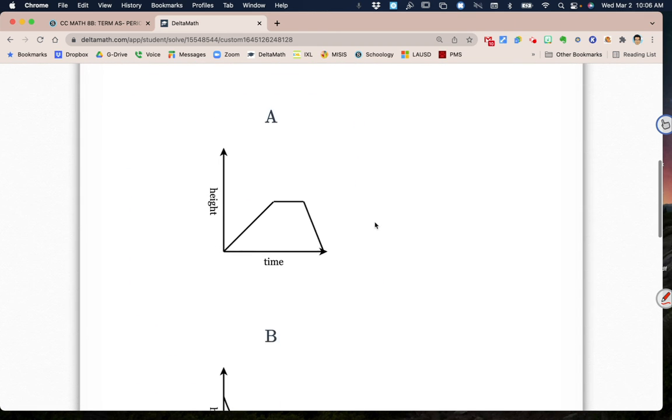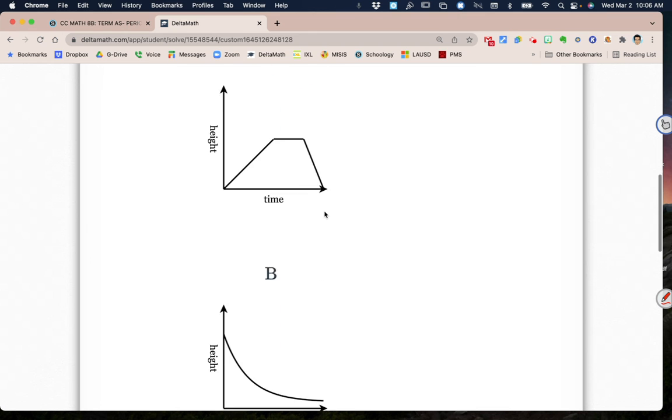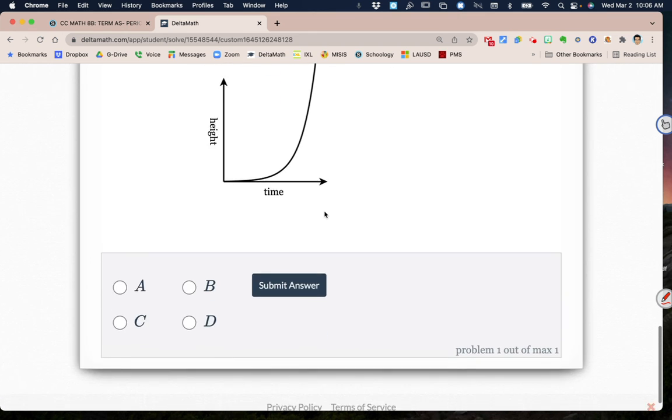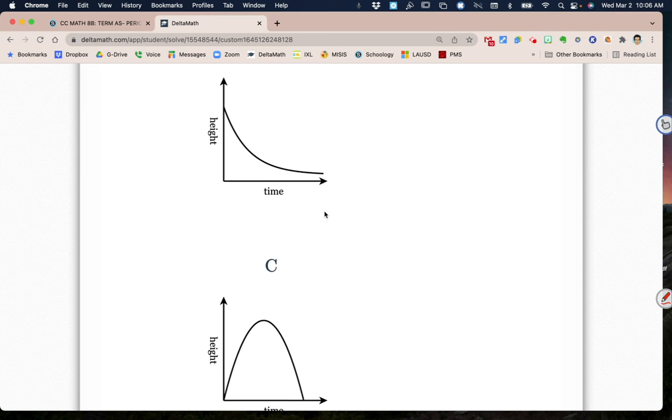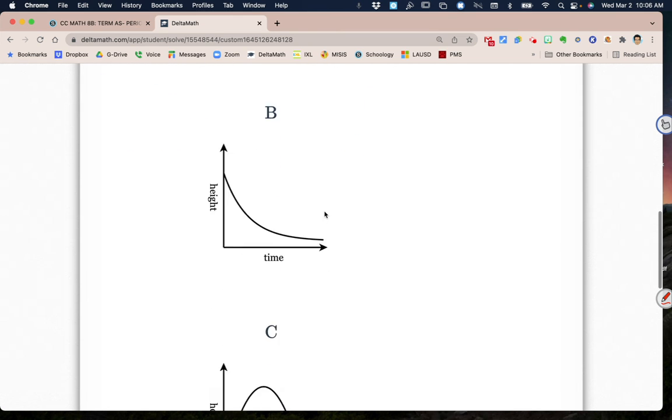Example 6. A golfer hits a golf ball. Think about the height over time for a golf ball. Well, I mean, it really depends on how you hit it. Let's assume they know how to hit it. They didn't hit it so it rolls on the ground. I've done that a lot of times. Golf is a frustrating sport, folks.